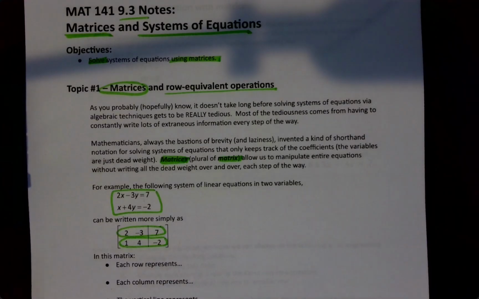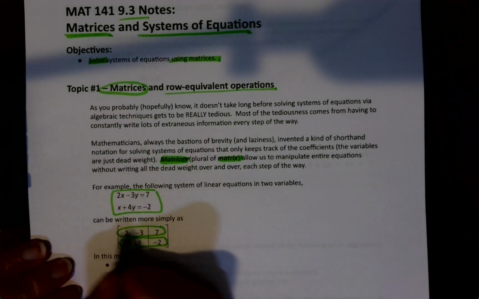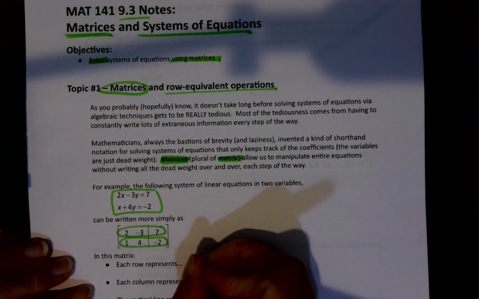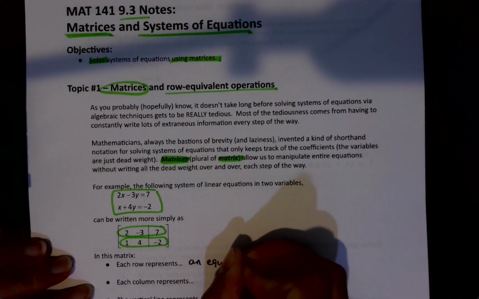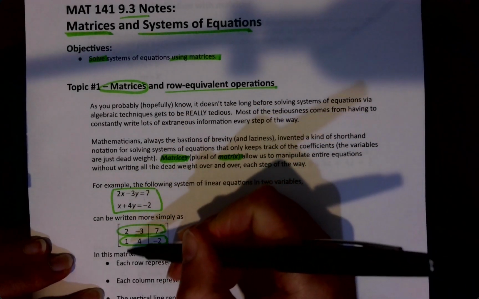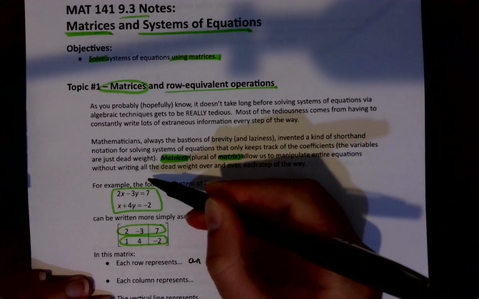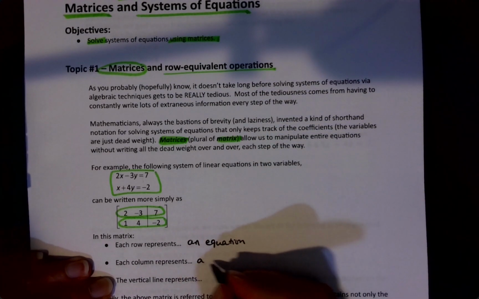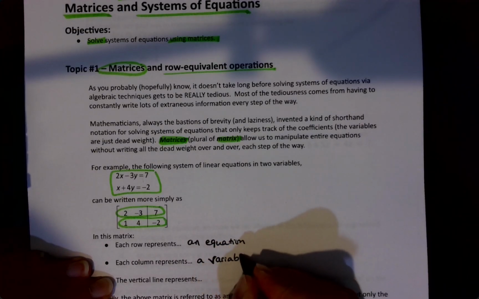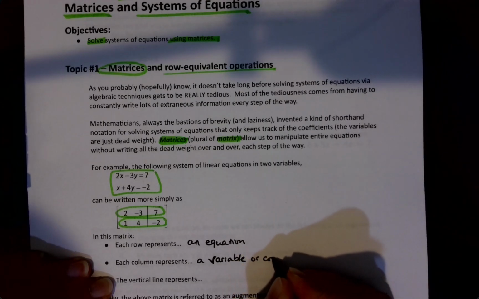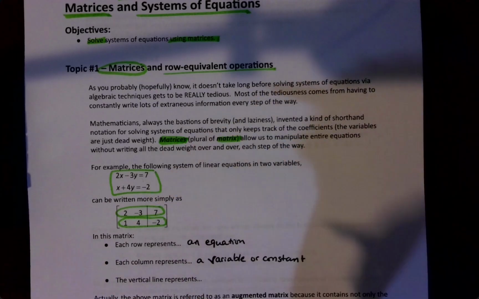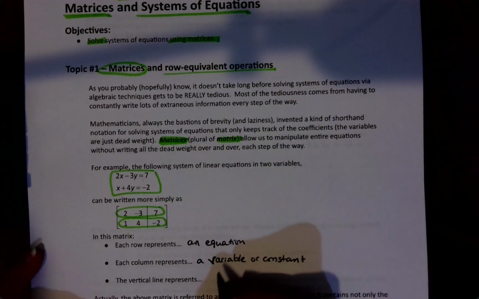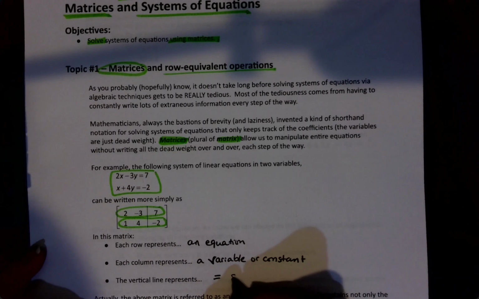In this matrix, each of the rows represents an equation, and each of the columns represents a variable or constant. The vertical line in this augmented matrix represents the equals sign in the equation.